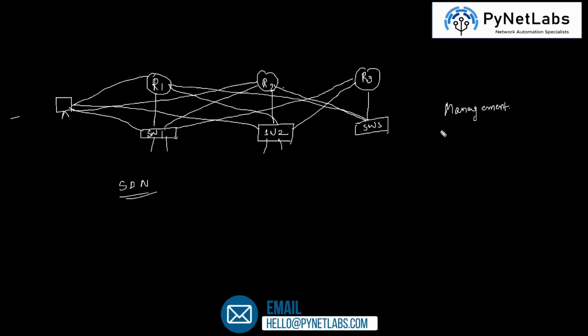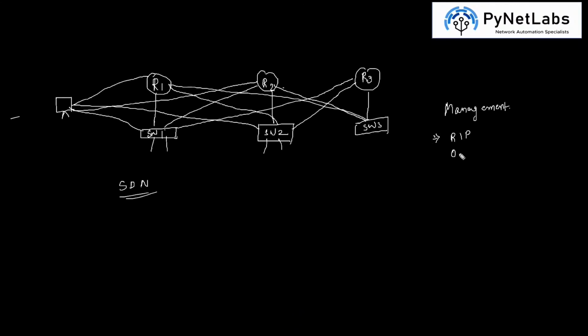When it comes to data forwarding, protocols like RIP, OSPF, and EIGRP work well as per their own capabilities. So SDN came into the picture and it decoupled the control plane and data plane on these devices.